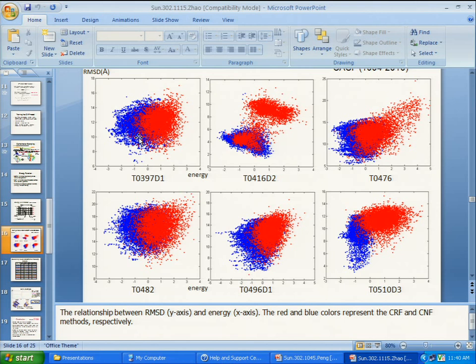Are there many unstructured loops, or why does your method fail? We only observe the difference in the correlation between energy and RMSD there. For the physical mechanism, we are not clear yet.